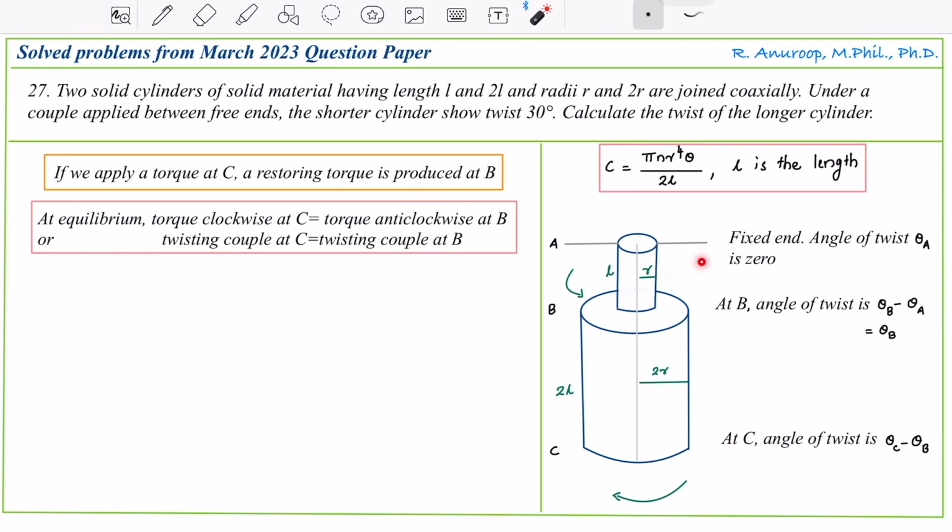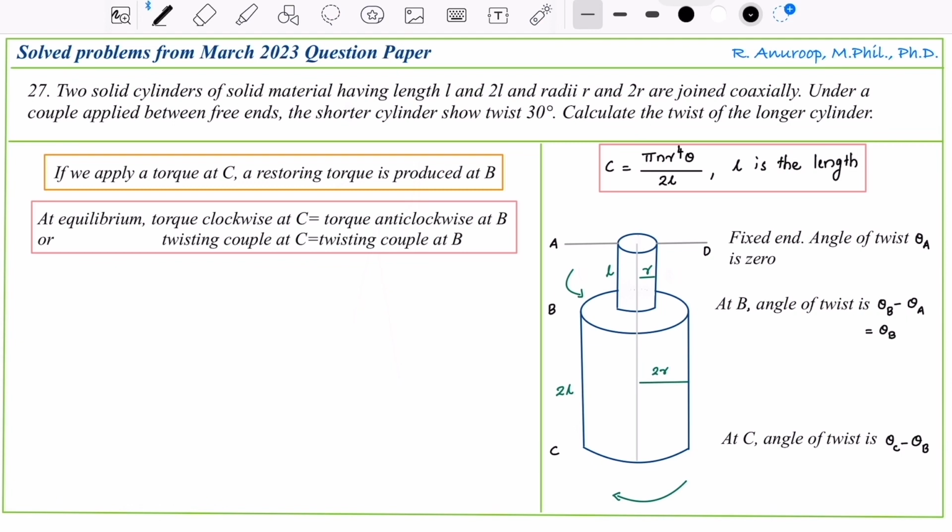The experimental setup is shown in the figure. This is the shorter cylinder having length L and radius R. This is the longer cylinder having length 2L. The shorter cylinder has the radius R and the longer cylinder has the radius 2R.